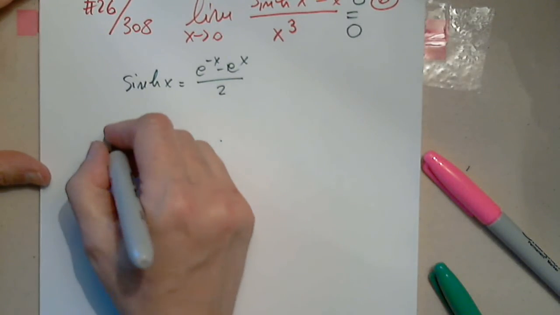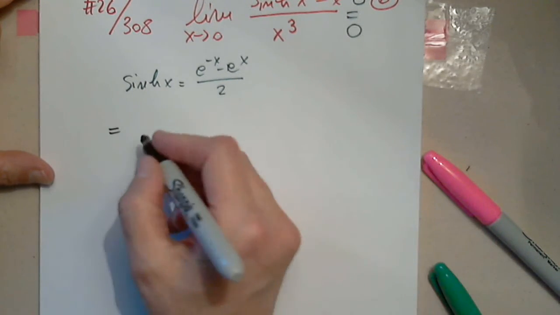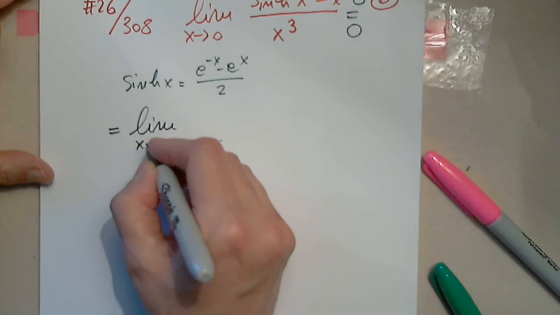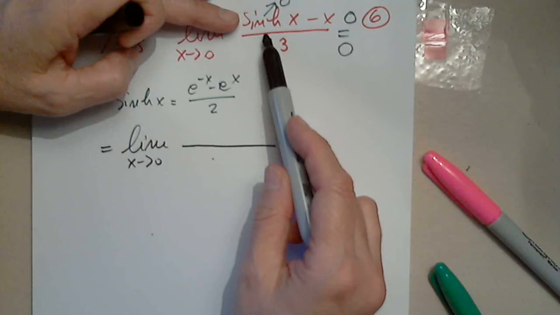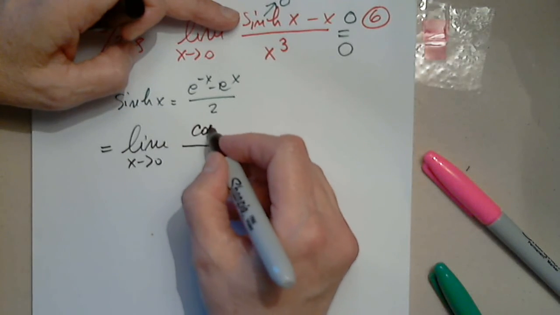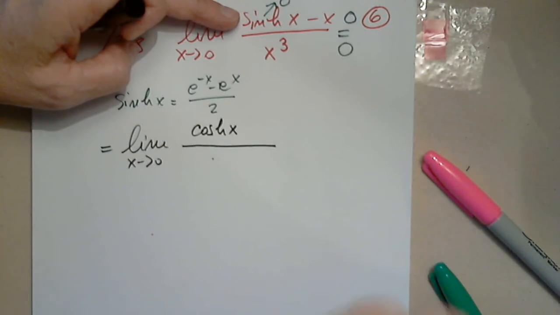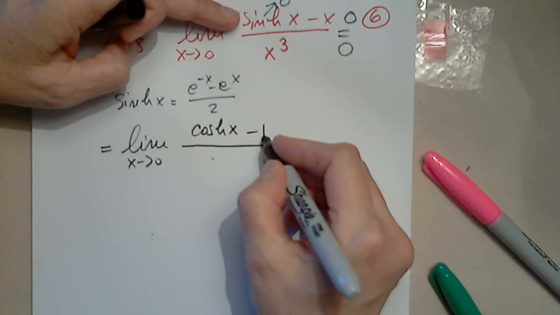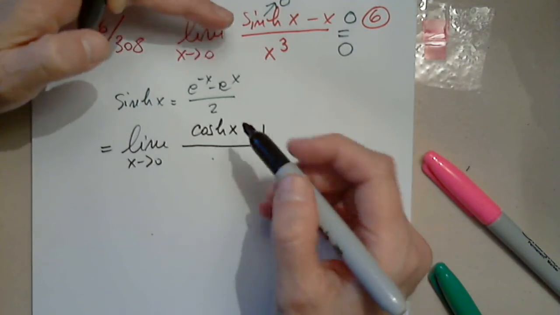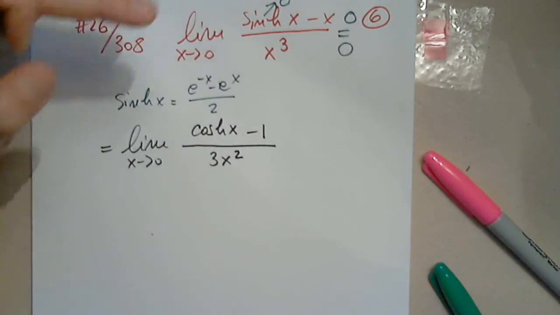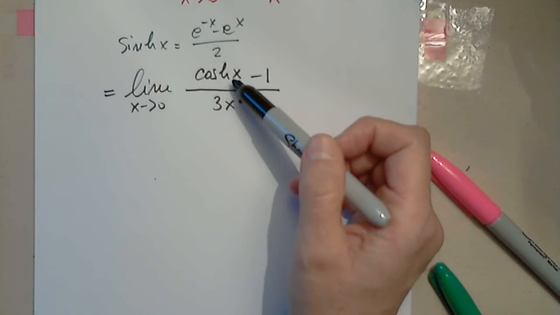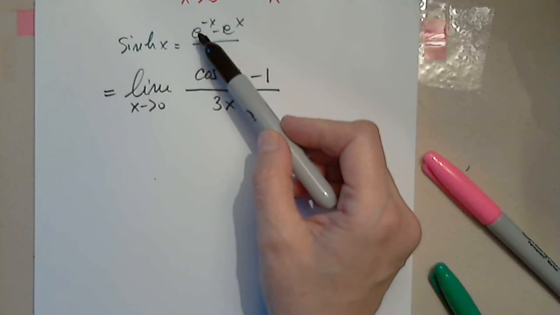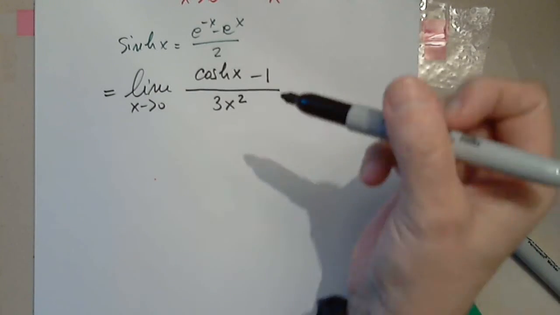Okay, so then I can apply L'Hopital's rule directly. So this is the limit as x approaches 0. We remember that hyperbolic sine prime is hyperbolic cosine. I differentiate x and I get minus 1. I differentiate the denominator and I get 3x squared. Now, hyperbolic cosine is a different story, right?